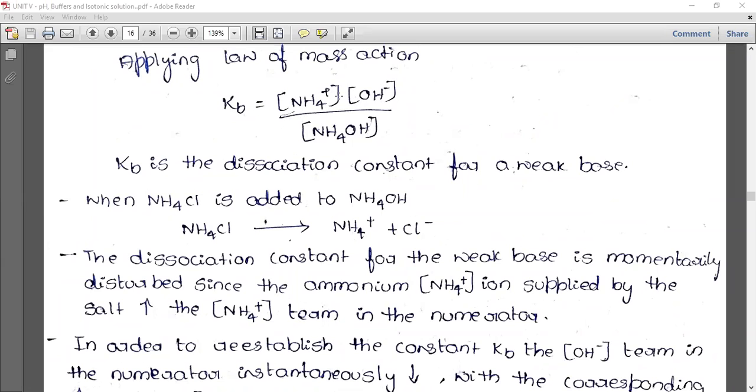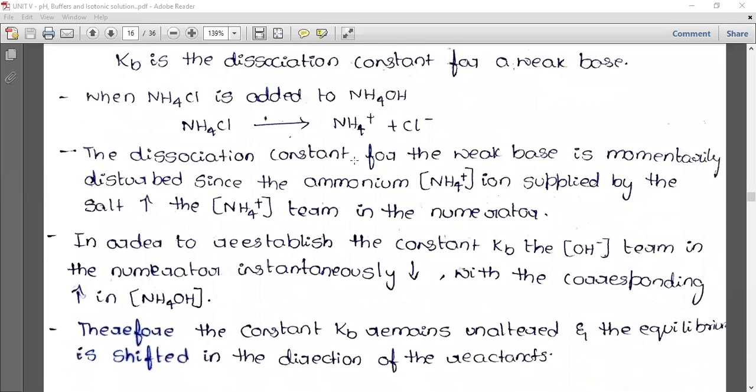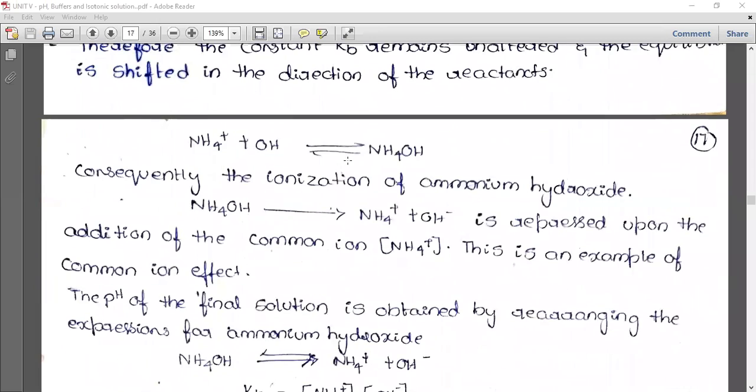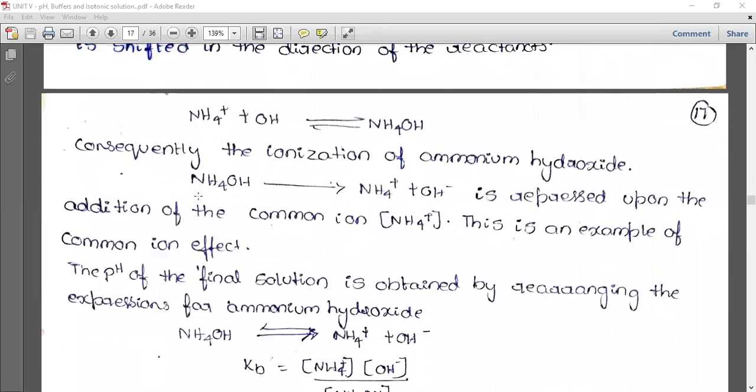So this gets counterbalanced: the excess of ammonium ion is taken up by the hydroxyl ion, thereby maintaining the numerator, and the constant comes back to normal. Because ammonium hydroxide is a weak base, it will slowly dissociate.